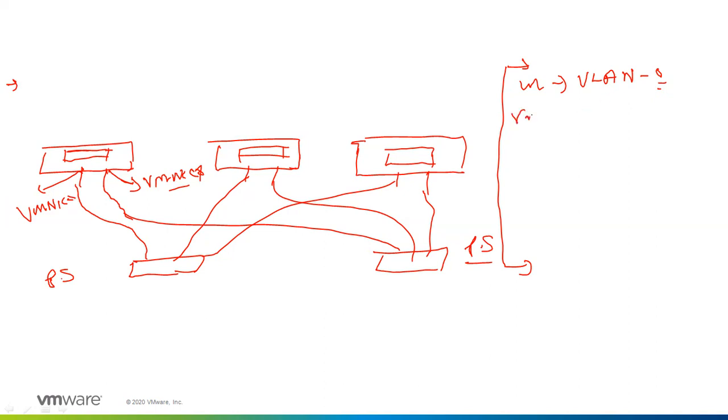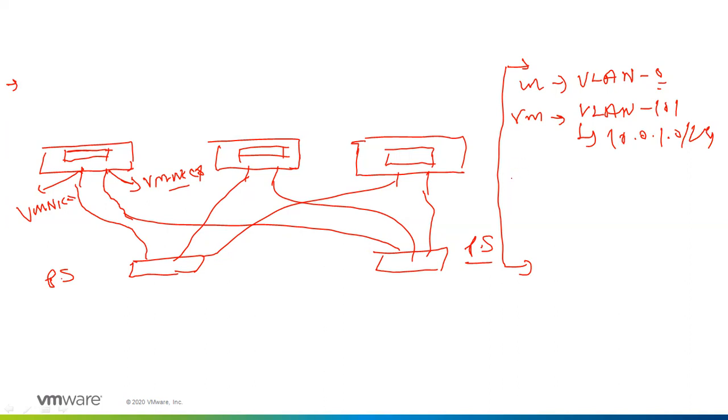And for vMotion, I have configured VLAN ID 101, along with a subnet specific to that VLAN, like 1.0/24.